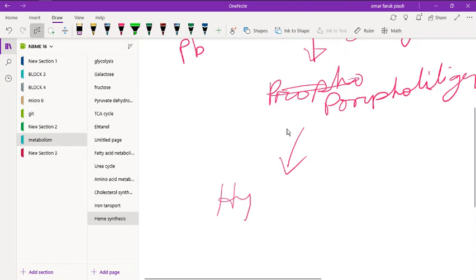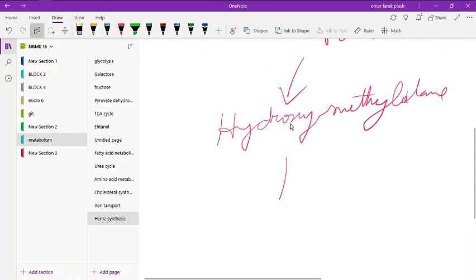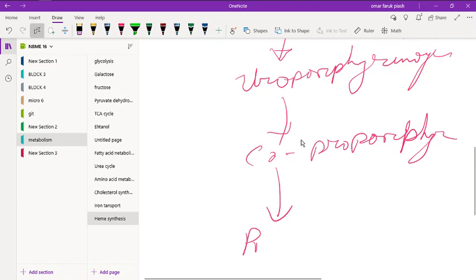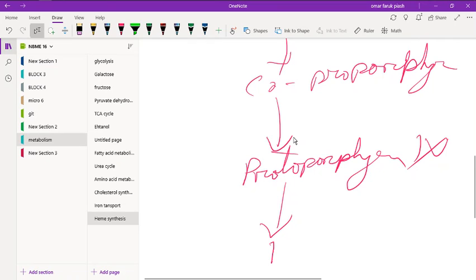Porphobilinogen is further converted into hydroxymethylbilane. This is converted into uroporphyrinogen, then coproporphyrinogen, then protoporphyrin IX, and then ultimately heme is produced along with iron with the help of an enzyme called ferrochelatase.